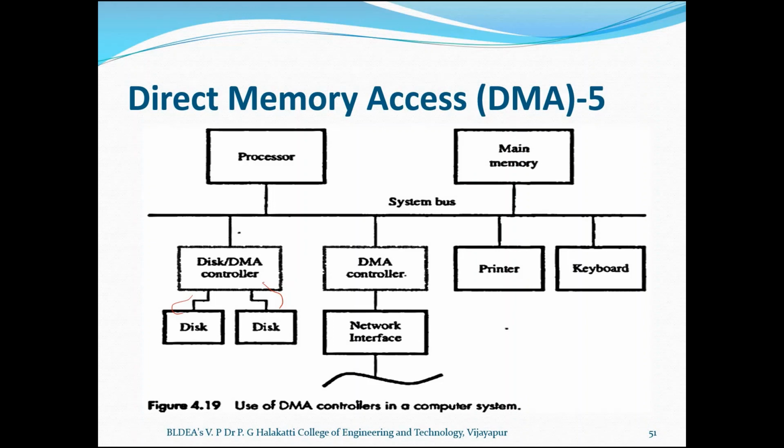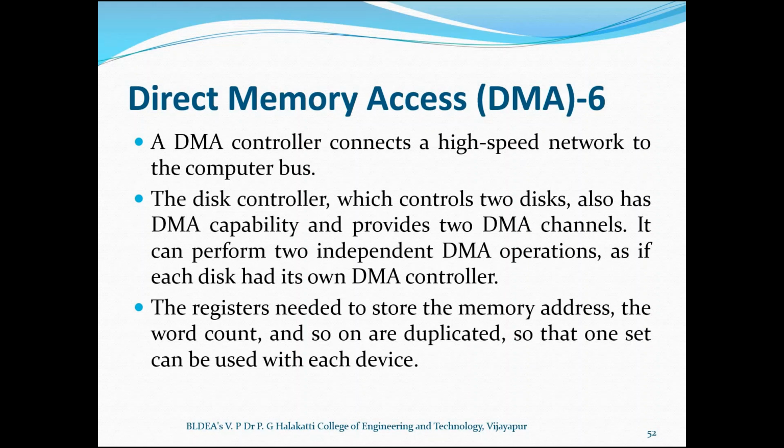To start a DMA transfer of a block of data from main memory to one of the disks, a routine in the operating system writes the following information into the registers of the corresponding channel of the disk controller. That is, it writes the memory address, the word count, and the function to be performed, whether it is a read or a write. Now the DMA controller proceeds independently to implement the specified function.